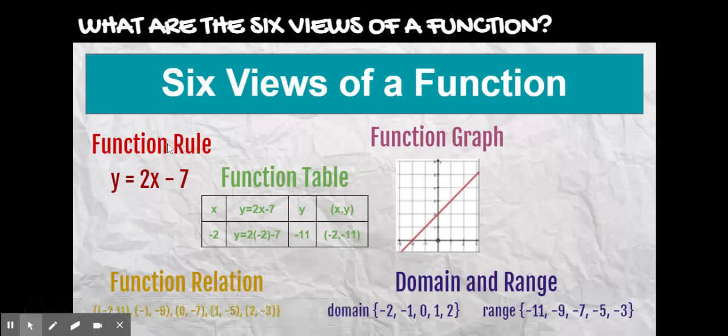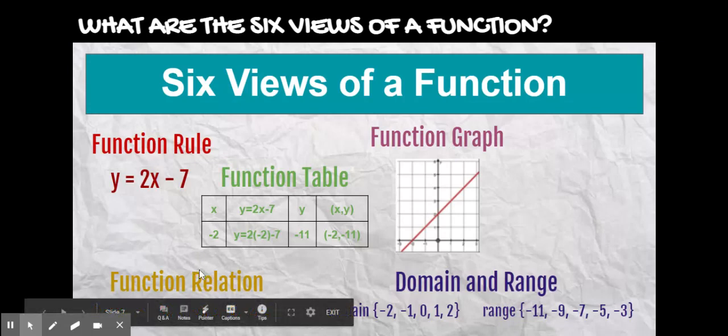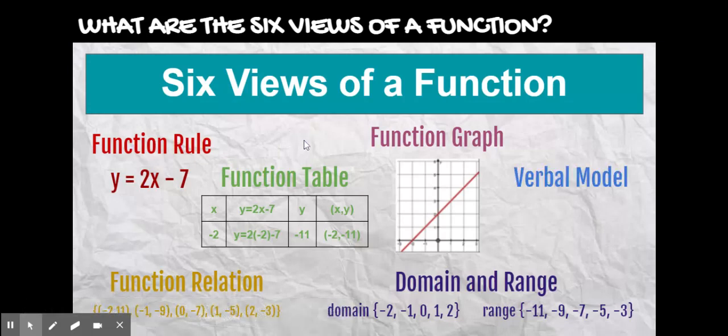So we have our function rule, which is 1, our function graph, which is 2, our relation, which is 3, our domain and range, which is 4, and our function table, which is 5. And then we have the verbal model. So that verbal model is a representation of words, verbal, so that's language, of what is happening inside the machine.